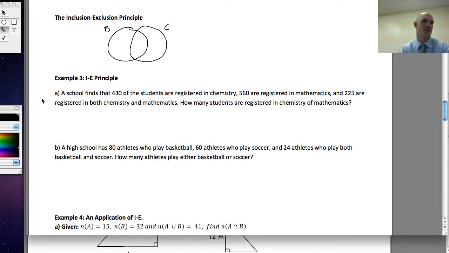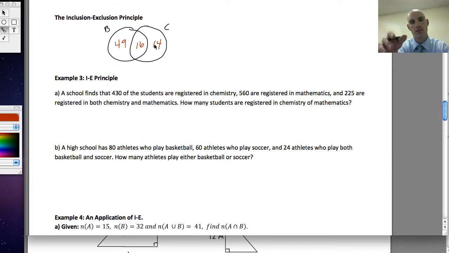If I have, for example, a Venn diagram that looks something like this, with sets B and C, it doesn't particularly matter what they are, and there's 49 in this region, 16 in this region, and 14 in this region, we want to figure out how many total students are actually represented.